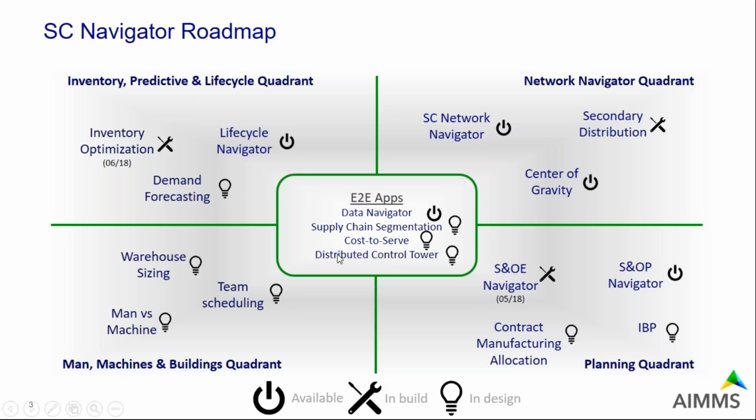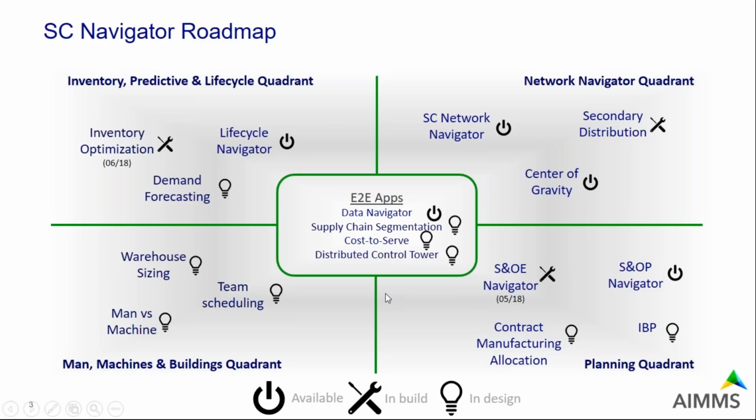But what we're really excited about is our ability to build true end-to-end applications. It's been talked about in the market for many, many years. I see some applications where the term is end-to-end, but it's actually very limited, often limited to the breadth of the software itself.